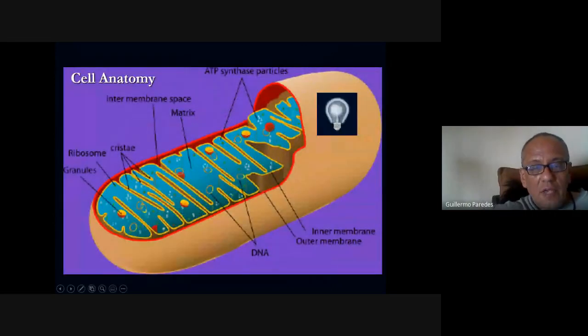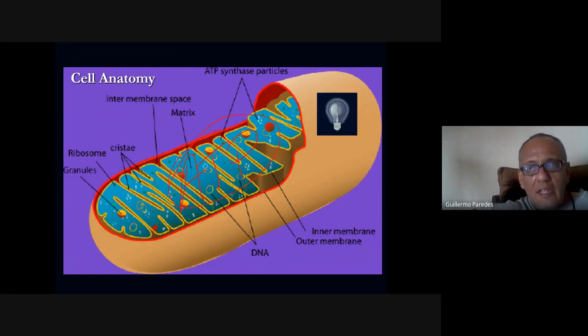Okay. So here we have our friend, the mitochondria. These mitochondria are in the cytoplasm, part of the organelles, and inside these mitochondria is where we are going to form the ATPs. This mitochondria is basically the factory to produce ATPs.